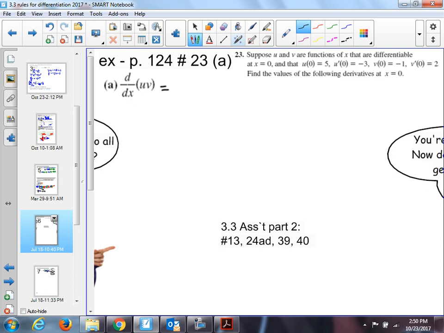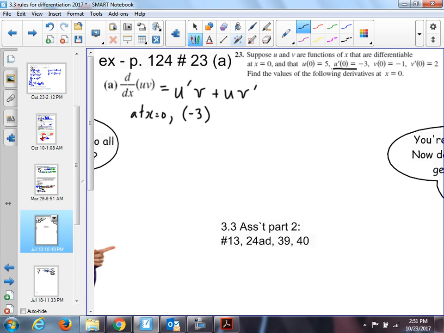You do the derivative of the first thing. We just call it u prime. Leave the second thing alone. U and v are the first two things. Plus the first thing you left alone, v prime. Now I think you were getting ahead and doing at x equals 0. It says here negative 3.